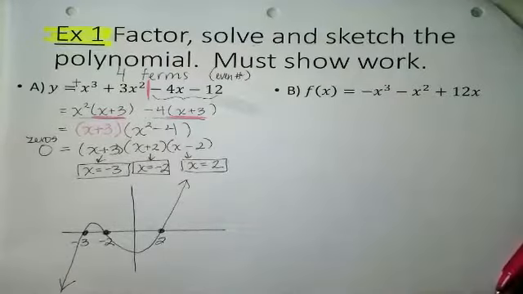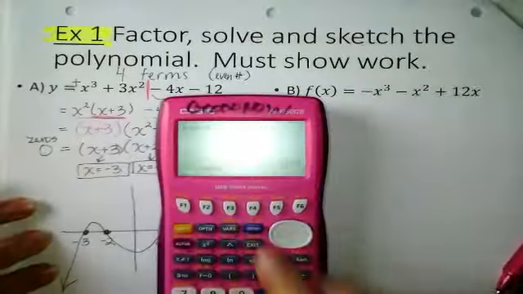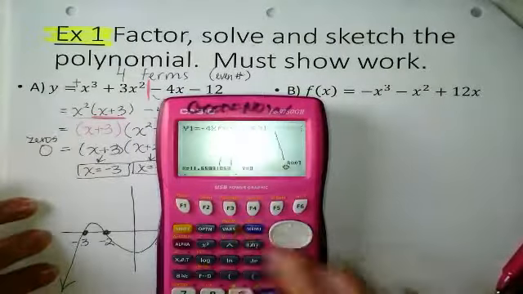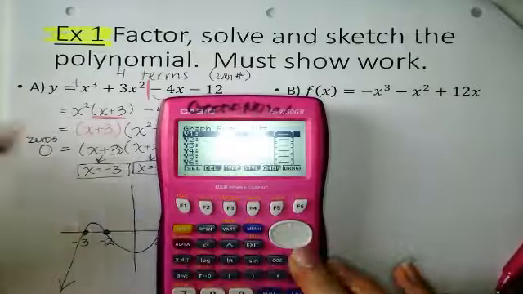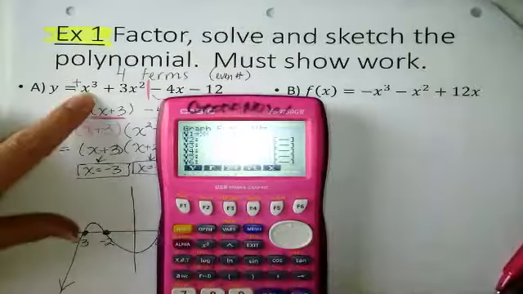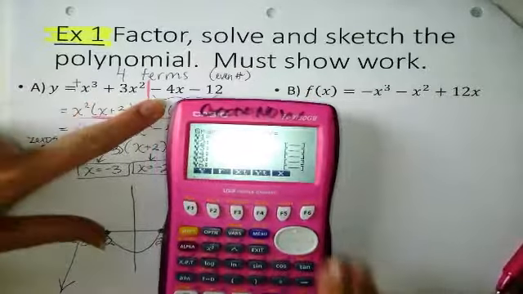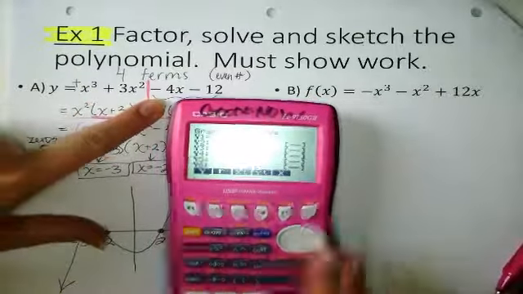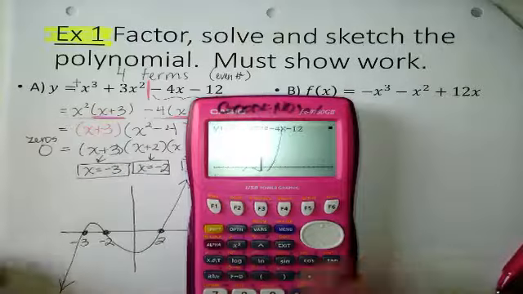If you're not sure, use your calculator. When in doubt, graph it out. Mrs. G's favorite saying. So we're going to test this: x to the 3rd plus 3x squared minus 4x minus 12. So you can check all of these. Oh, that's a bad graph.